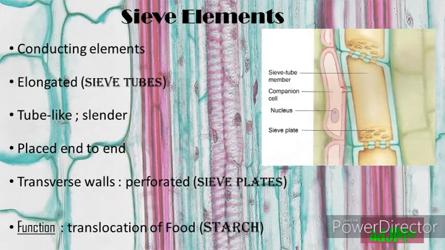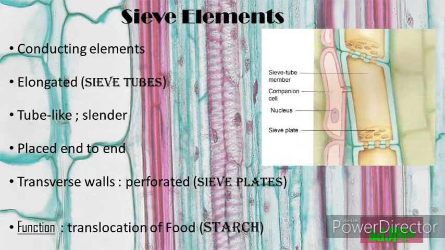These sieve elements are elongated like other xylem tissues. They are elongated like a tube. If you look into this photo, you have two types: sieve tubes and sieve plates. Those are the sieve elements. They are classified into the tubular structure as sieve tubes, and then and there you have a partition.